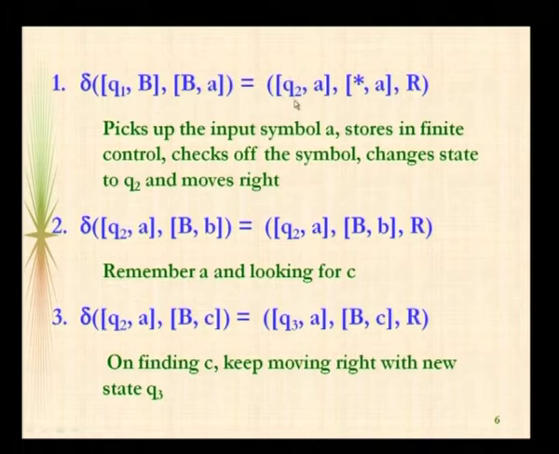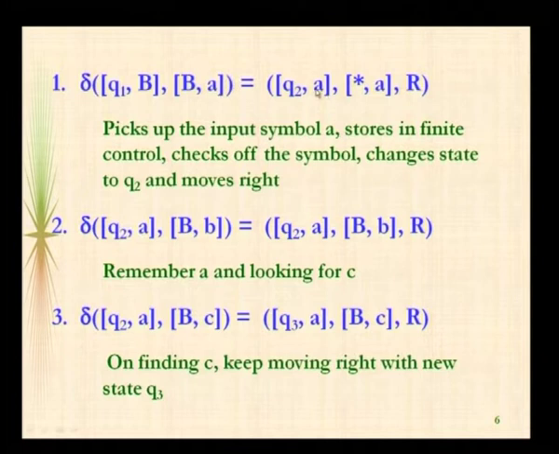We go to q2, and it is required to record the symbol A, which is stored in the finite control. So the new state is q2 comma A. In the original state the storage has nothing, and in the resulting state the storage has the symbol we have just read from the input tape of the Turing machine.